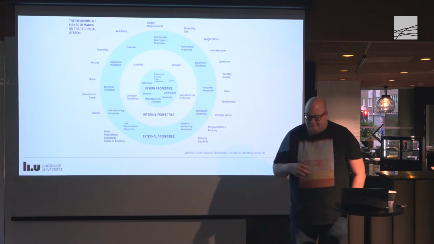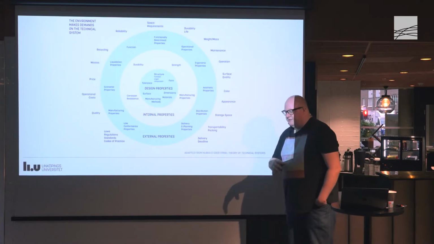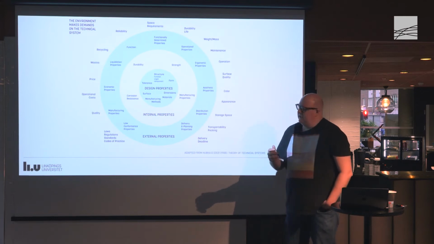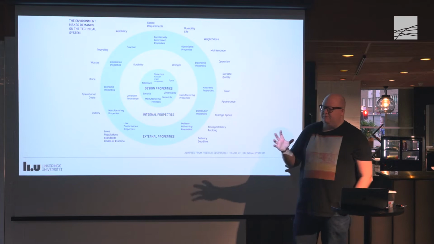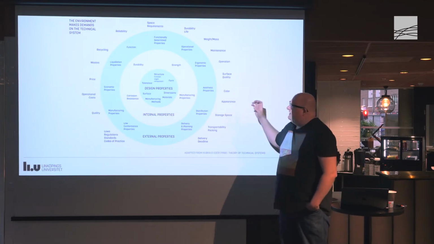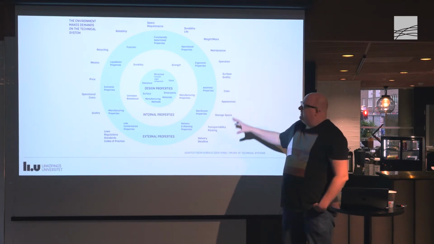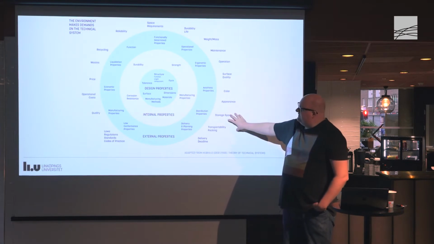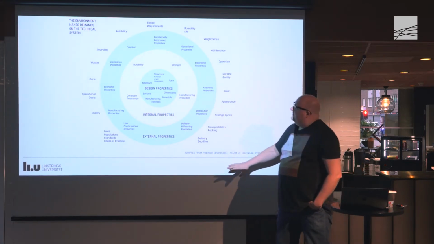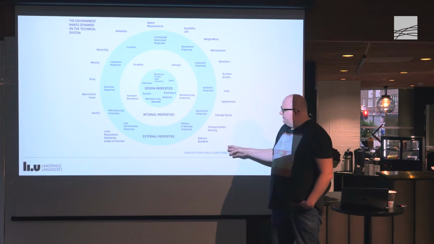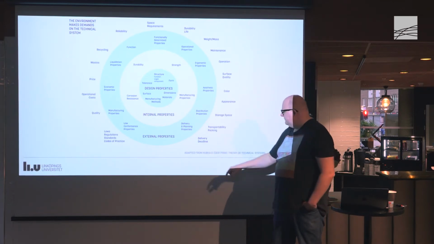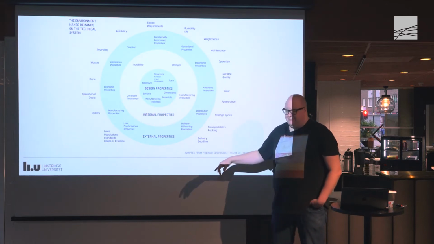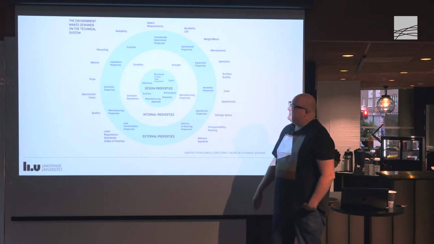So when I talk to my students, because right now I'm mainly a teacher, a researcher as well, but most of my time is spent teaching. When I teach my students about materials, I tend to show this figure. This is a description of a technical system by Hubka and Eder. The version I had was from the late 80s, I think the original is from the 60s or something.